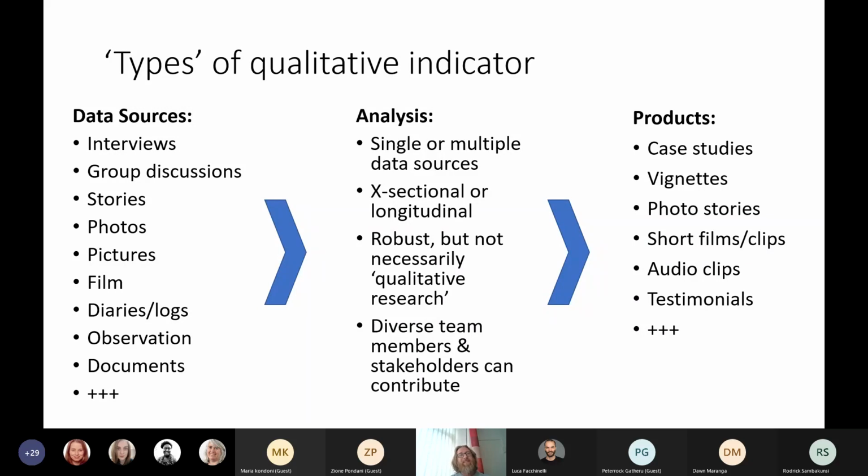All of these things are legitimate forms of a qualitative outcome indicator. And as I've probably suggested a few times already, if you are struggling with time, if your intervention's particularly complex, if you don't have much funding, these can be great ways of demonstrating what your work is achieving.